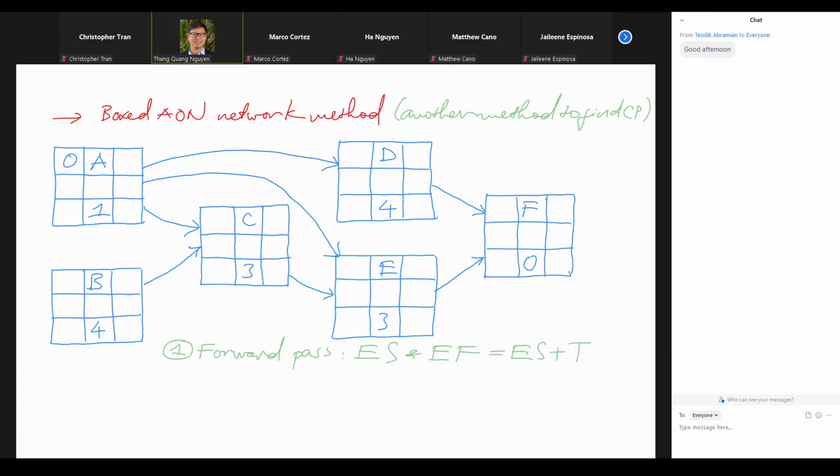So we start at point 0, we add the duration of 1 week, then we're going to finish at the end of the first week as the earliest. Remember, the numbers at the top are for us to find the earliest date, right? So as the earliest, we start right away, and then we finish after 1 week.